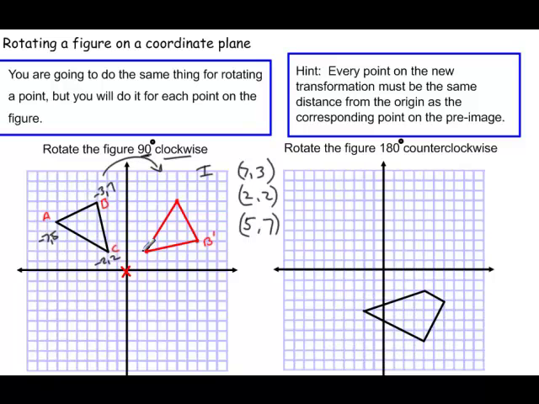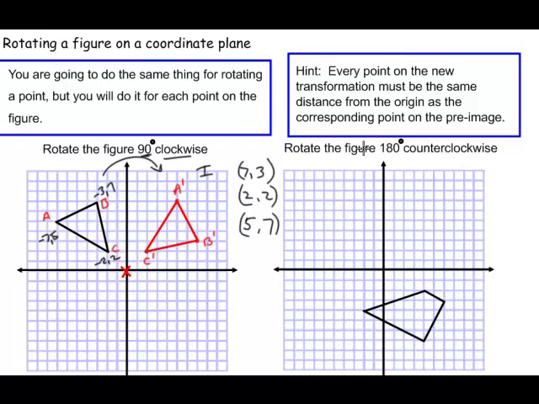Okay, this would be your C prime, and that would be your A prime. What I'm saying there is this distance from here to here is the same distance as from here to here. This distance from here to here is the same distance as from here to there. This distance from here to here is the same from here to here. So you can actually look at the two shapes and kind of estimate.